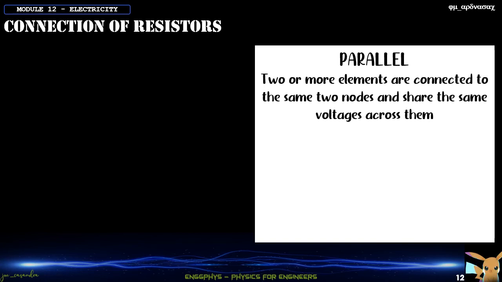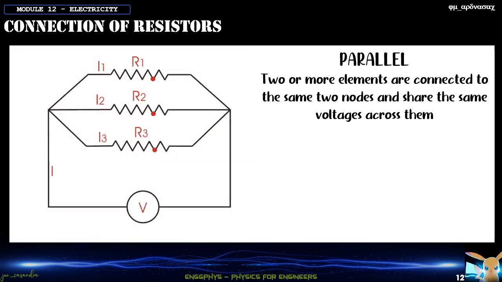And with this, they also share the same value or magnitude of voltage across them. An example of a parallel connection will look like this one. As you can see, they are parallel if they have two common nodes on them.